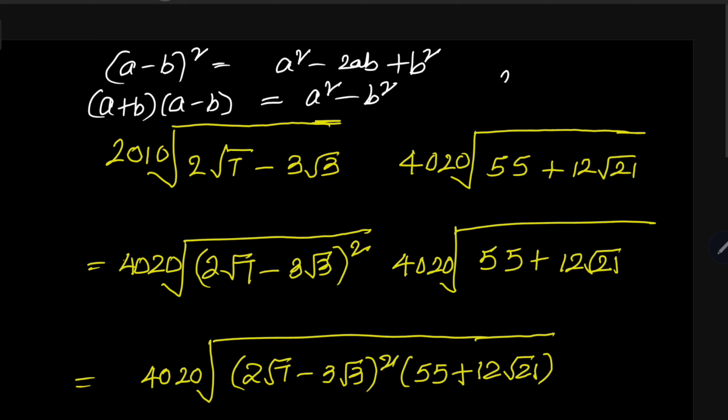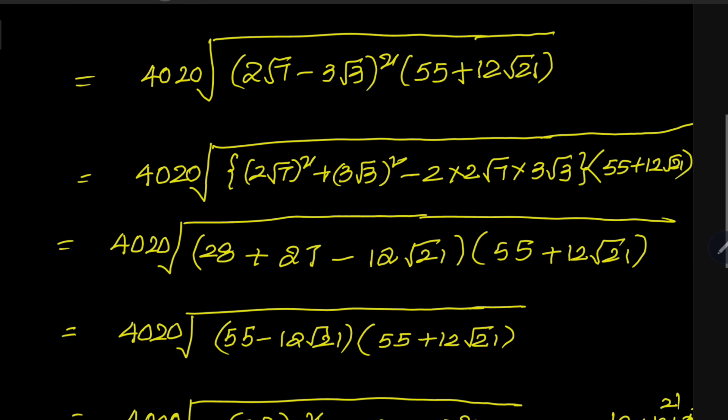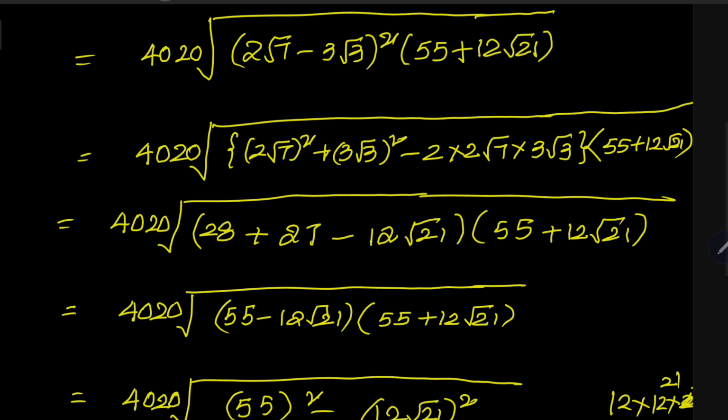Also remember that the nth root of a power m is equal to a power m by n, or the nth root of simply a is equal to a power 1 by n. Now that's how we are able to find out that the solution for this particular problem is equal to 1.